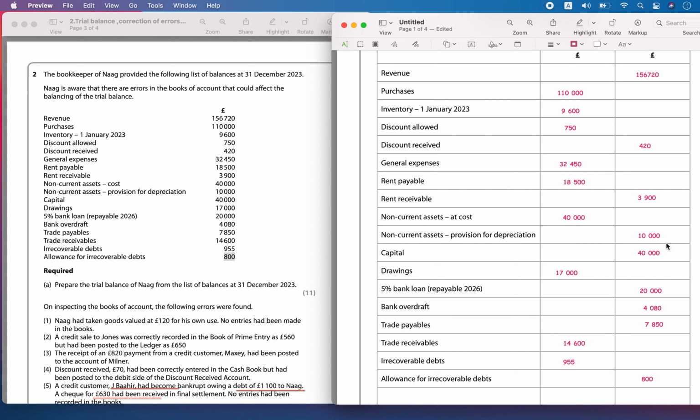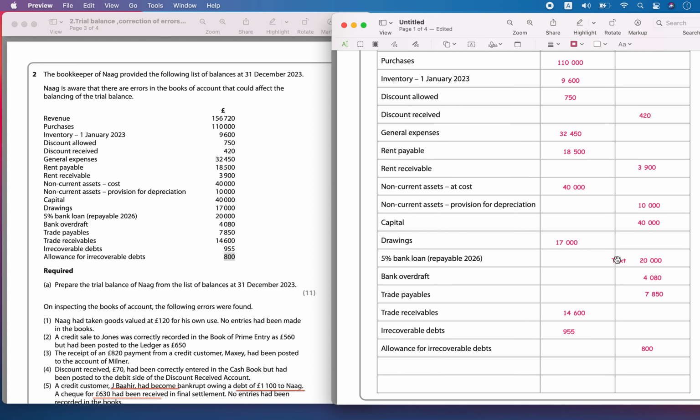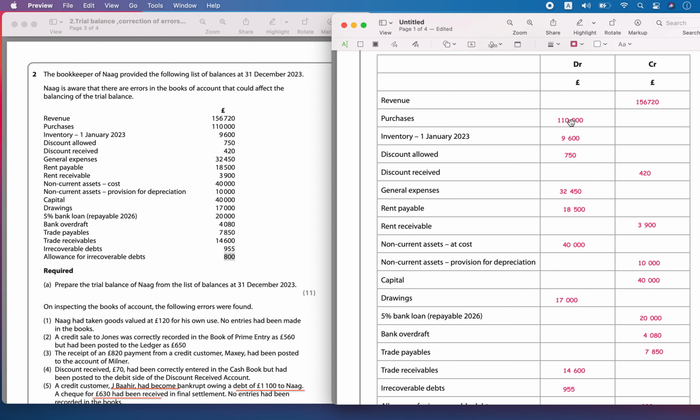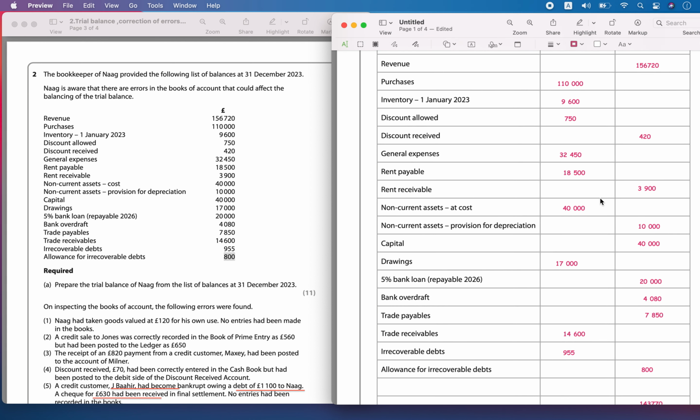So the value is 243,770. So let's write that. Okay, the total is going to be 243,770.